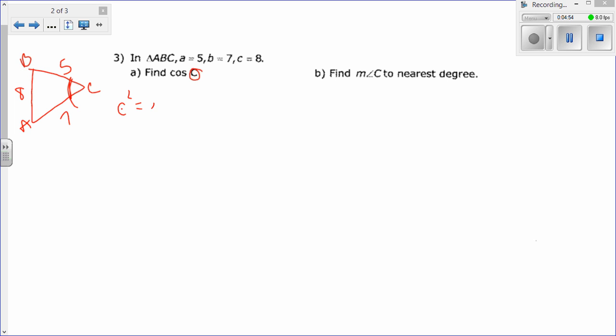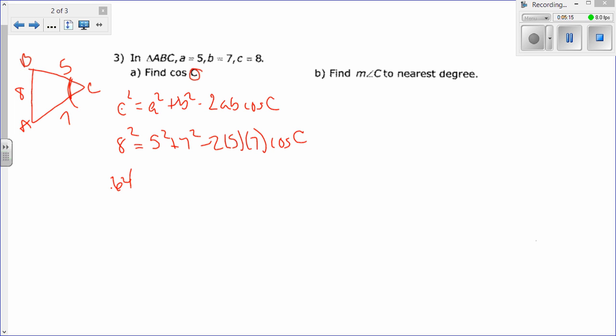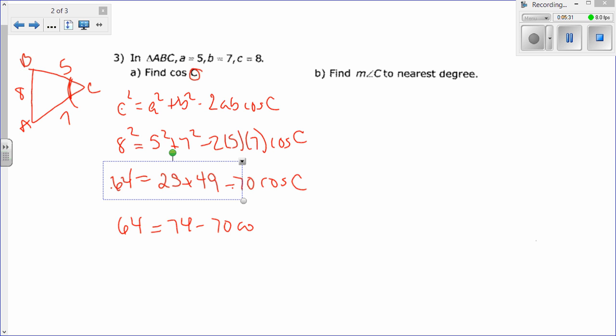So c squared equals a squared plus b squared minus 2ab cosine C. So 8 squared equals 5 squared plus 7 squared minus 2 times 5 times 7 times the cosine of C. So 64 equals 25 plus 49 minus 70 times the cosine of C. So 64 equals 74 minus 70 times the cosine of C.